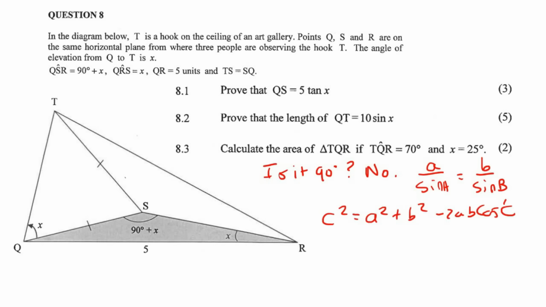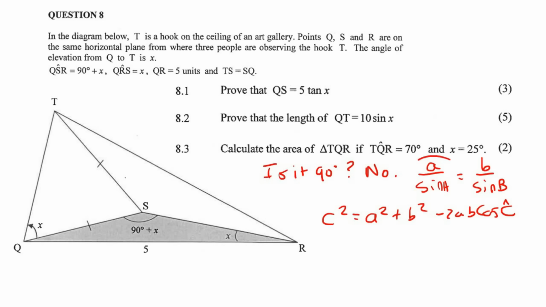These are the only 2 formulas that we can use if it's not 90 degrees. If it is 90 degrees, then we can go old school and we can go grade 10 formulas where we use sin, cos, and tan, like sin is opposite over hypotenuse, cos is adjacent over hypotenuse. Those we can only use, though, if it is a 90-degree triangle.